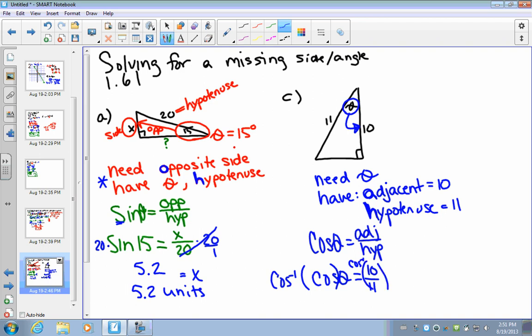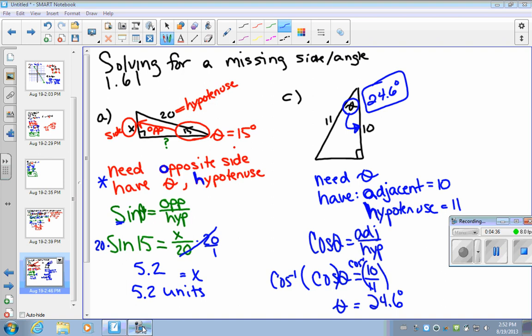So on your calculator, you should have a cos inverse key. Usually it's second cosine. It is on my calculator. 10 divided by 11. And I get about 24.6. And that's theta, so it's degrees, so my answer would be 24.6 degrees. So that's the other mastery topic for mid-quarter one.